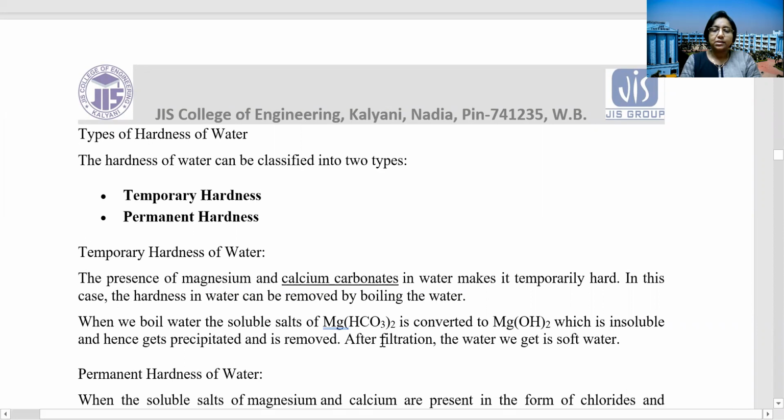But if it contains sulfate or chloride, like magnesium chloride, calcium chloride, calcium sulfate, magnesium sulfate, then it is called permanent hardness. So you have learned what temporary hardness and permanent hardness are.